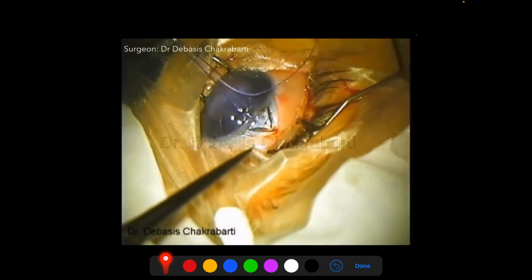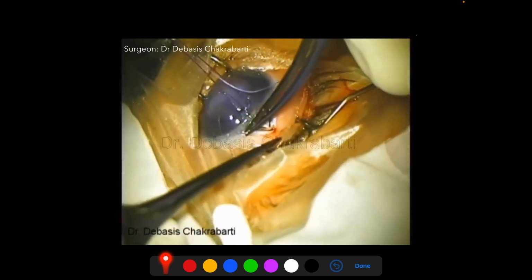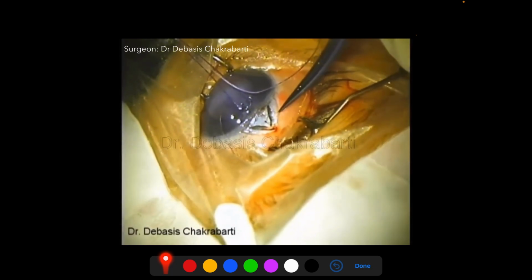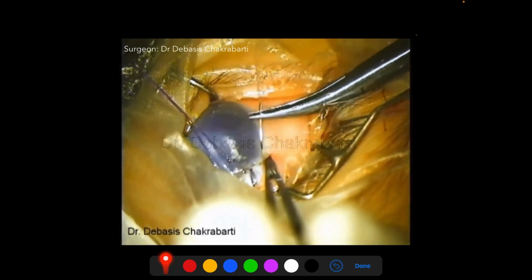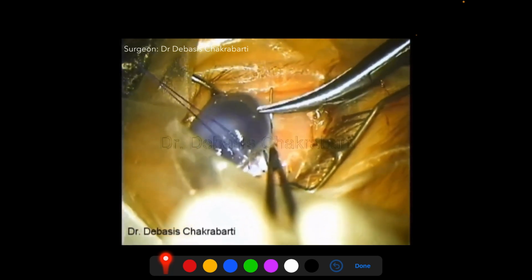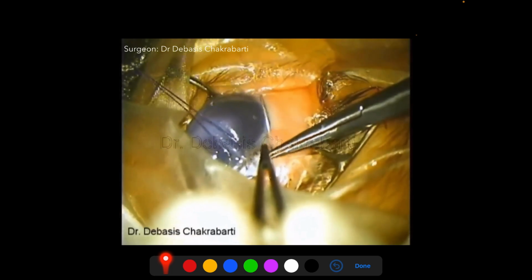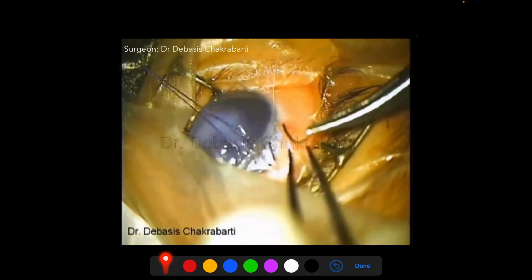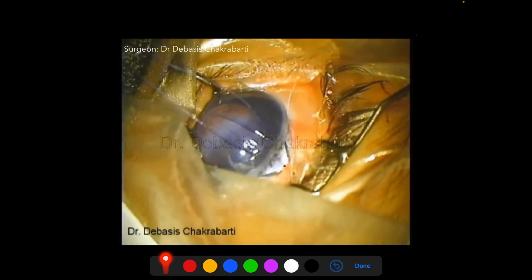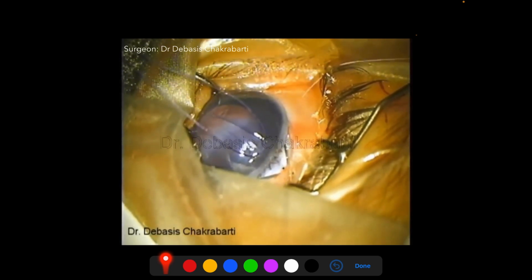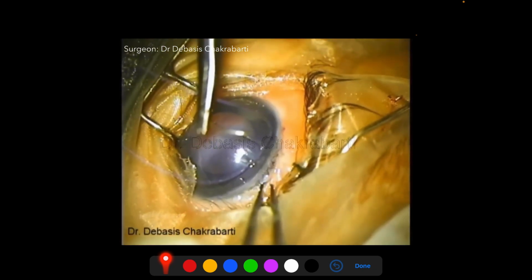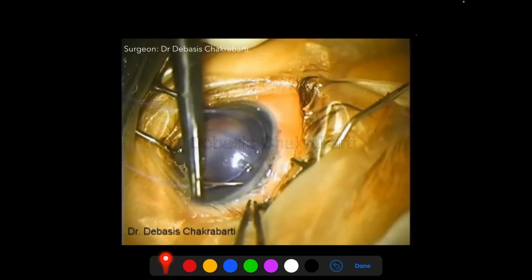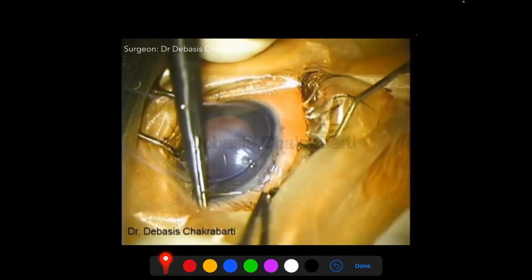The scleral flap is sutured. And the conjunctival flap sutured.